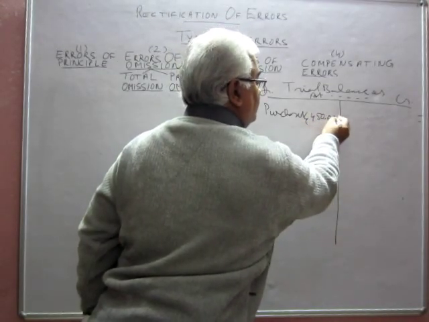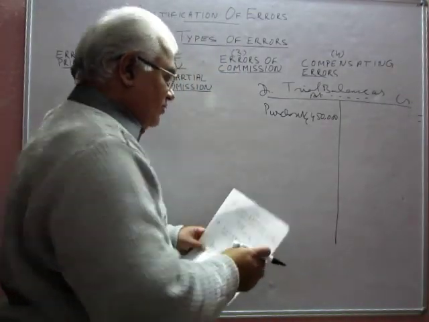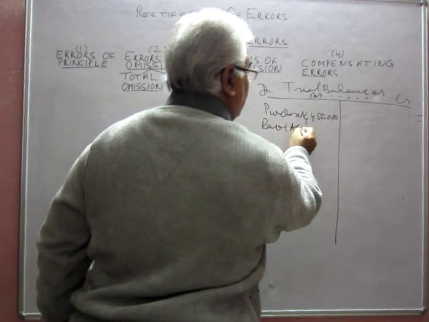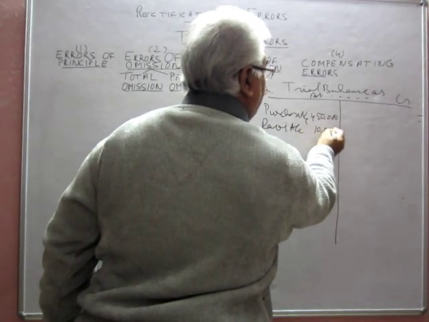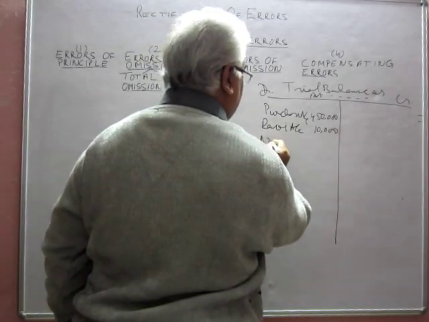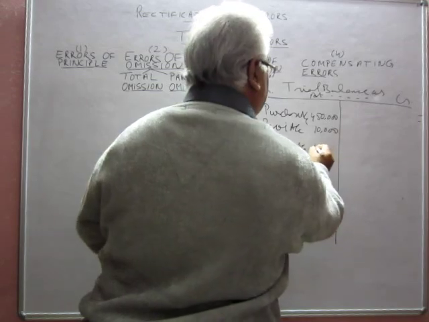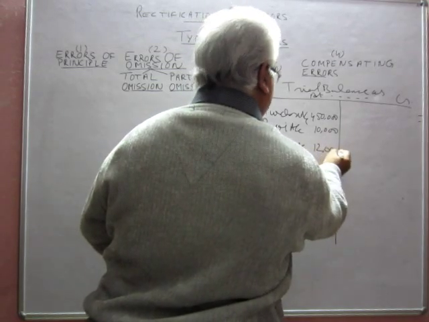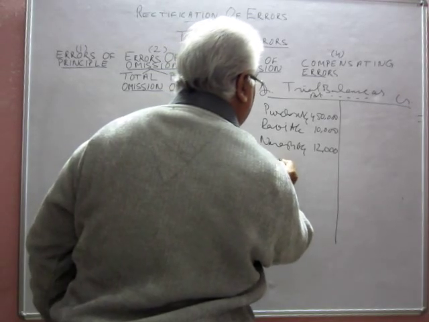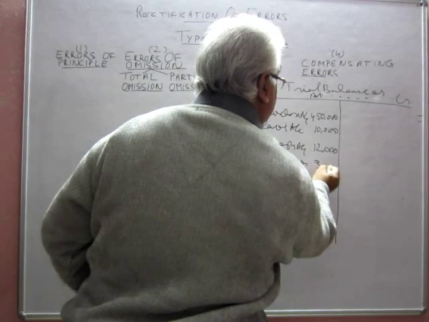It is here, 4,50,000. Second is Ravi account, 10,000. Third is Naresh account. This is 12,000. We have commission account, 3,000.